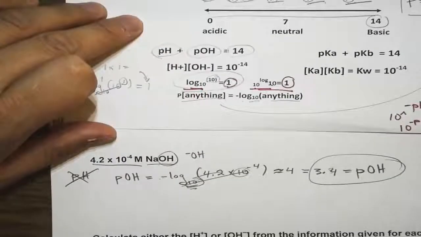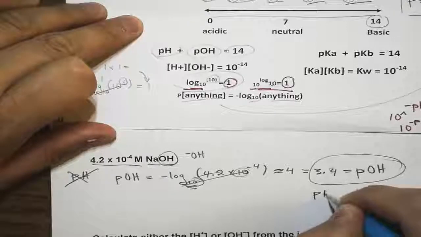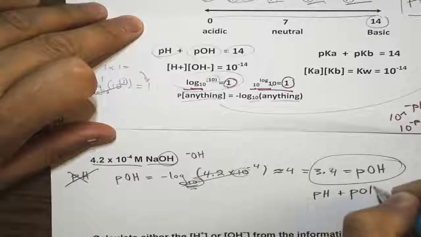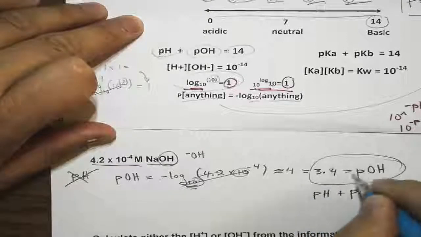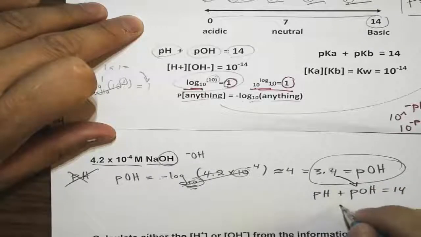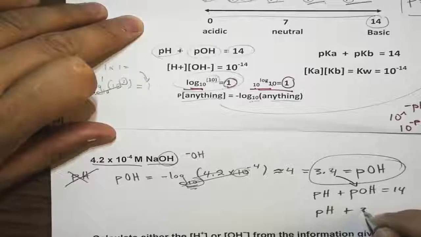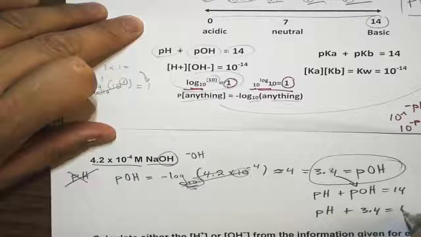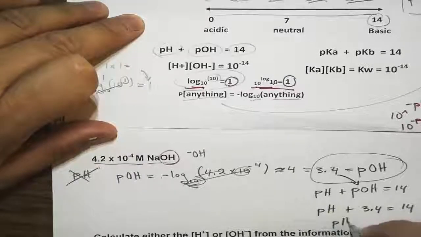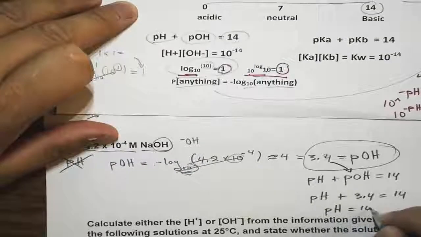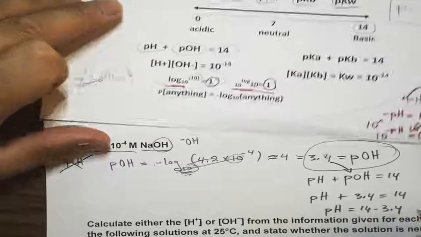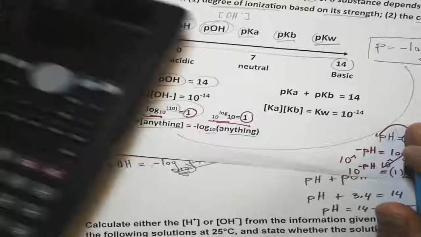So in this case, we can solve it by looking at this, pH plus pOH equal to 14. Now I know what pOH is, which gives me pH plus 3.4 equal to 14, and of course pH is equal to what? 14 minus 3.4, and that will give us our pH.